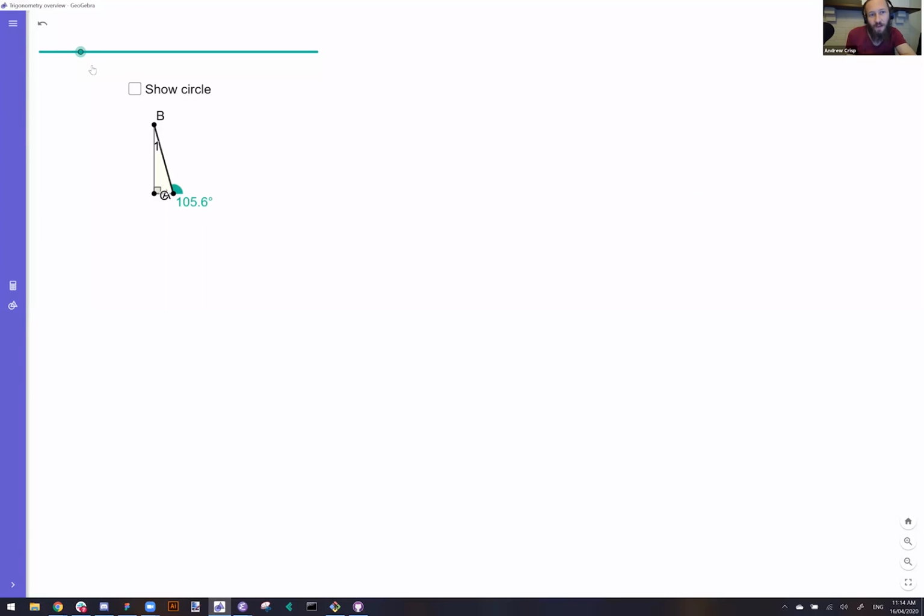It's still moving around. It's starting to make a little less sense what this angle means, but just stay with me. And if you've been super observant, you might have already guessed that this says show circle for a reason. This is me moving this triangle around on a circle by moving this point B.